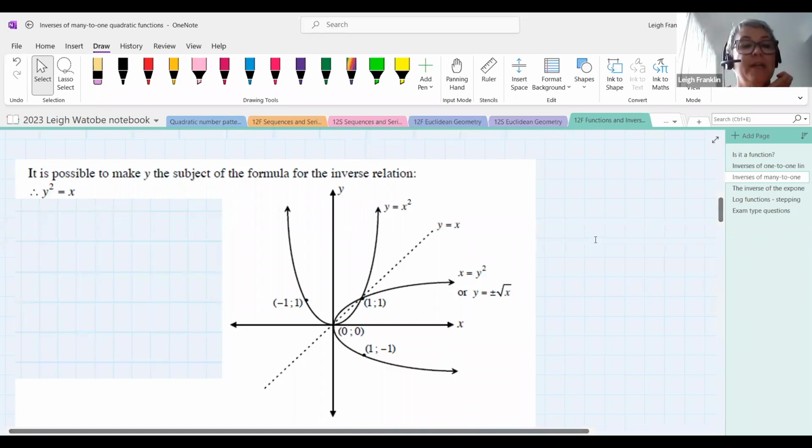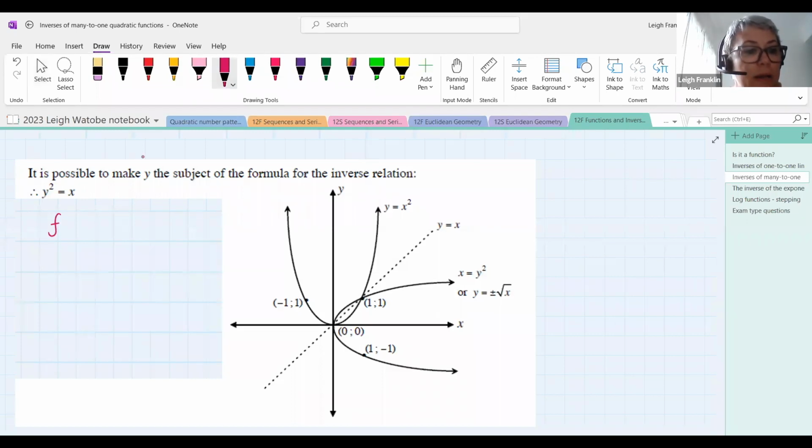What we would do is interchange x and y. If we've started off with f of x equals, or y equals, x squared, then switching them around, y squared would be equal to x.